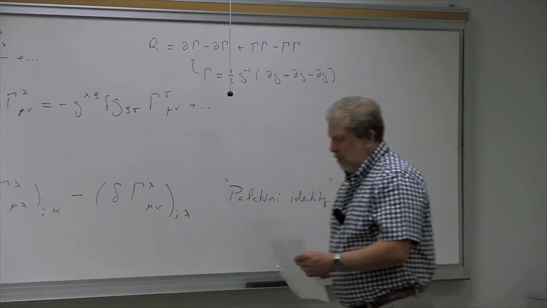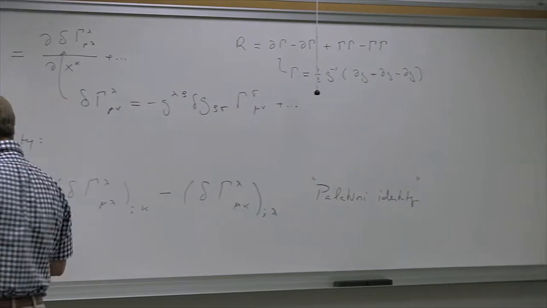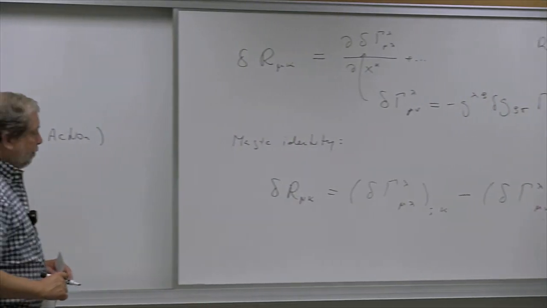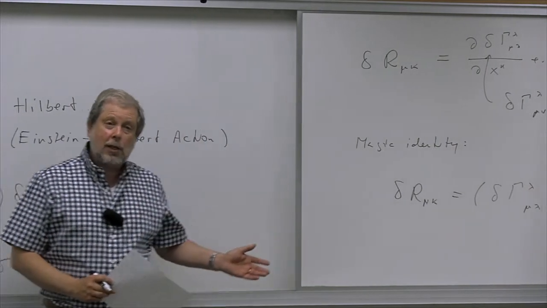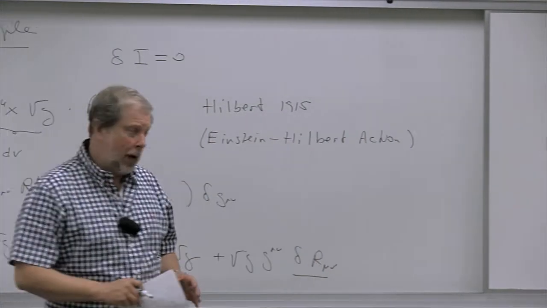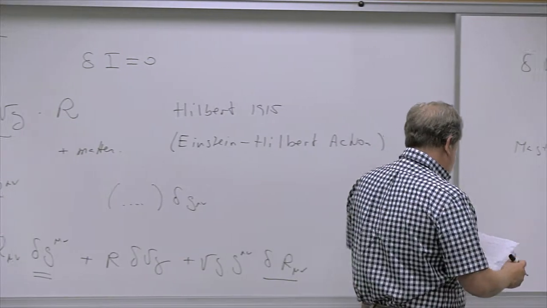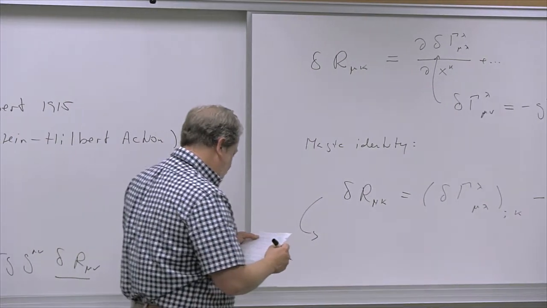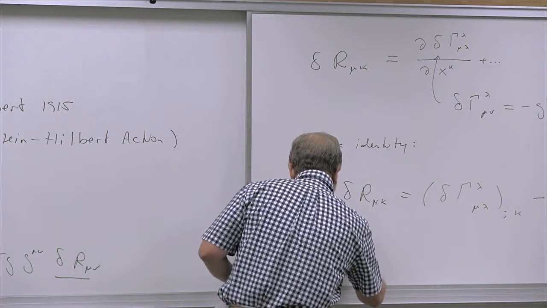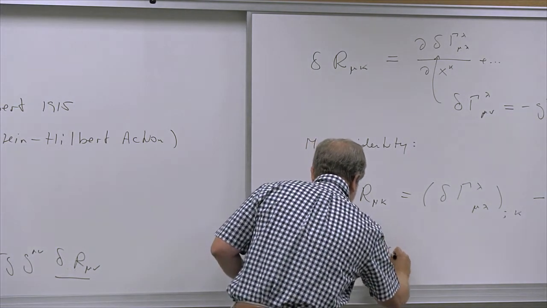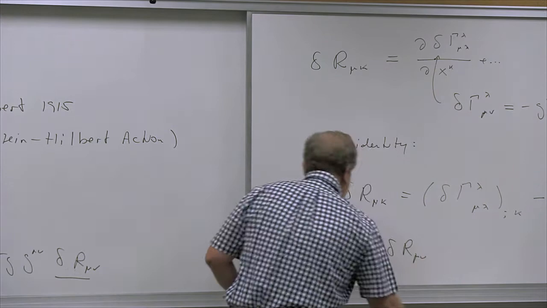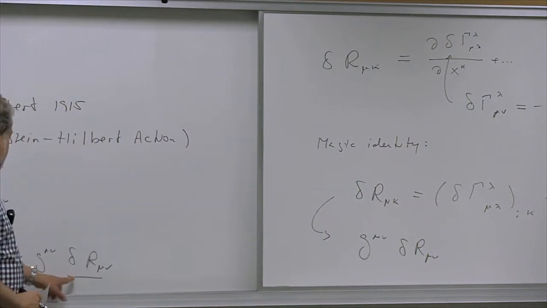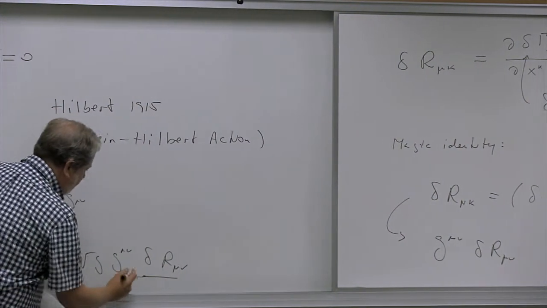And if you write out what this Palatini identity implies, it basically tells us that the variation of R mu nu is a total derivative. And so what you get from this by a few additional manipulations is that when you multiply this by g mu nu, so in other words, if you do g mu nu times dR mu nu, which is what we have here, right?